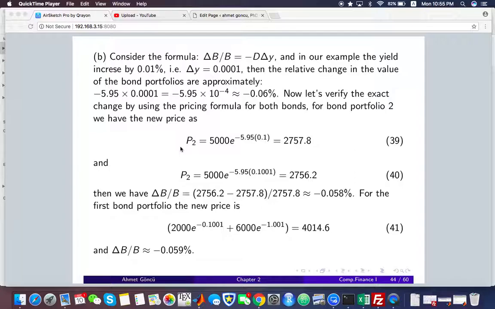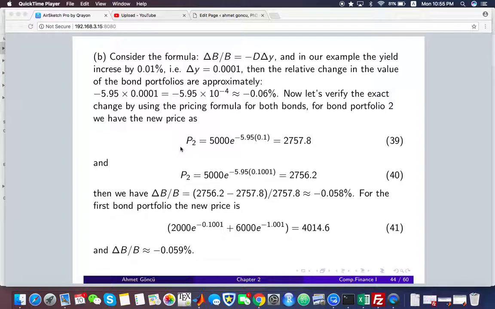In part B, the yields are assumed to go up by 1 basis point. So 0.01 percentage is also called 1 basis point. We can easily apply this approximation by multiplying the duration times the increase in the yields. This gives us approximately a 6 basis points decrease in the value of the bond portfolio.